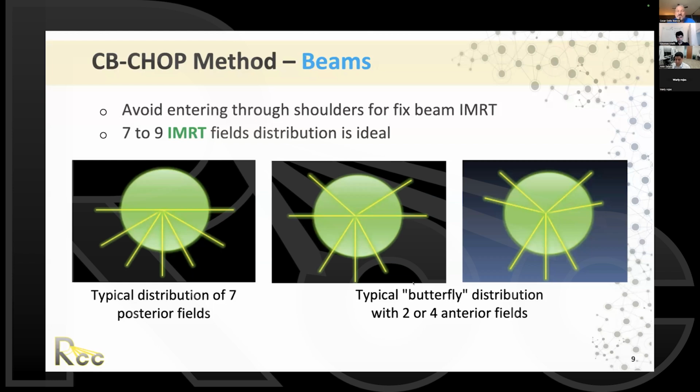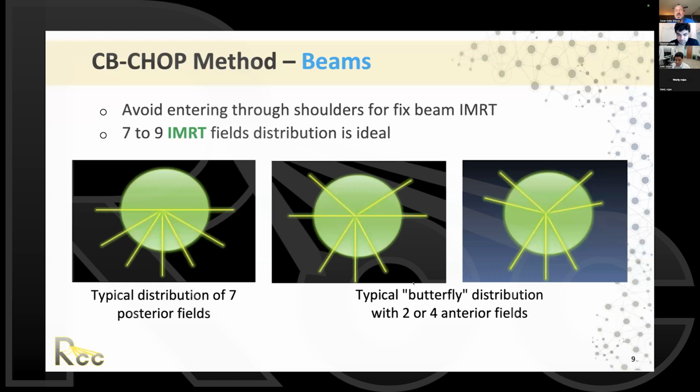But it's always good to develop a starting point for beams. That always helps. And here we have some suggestions: 7 to 9 IMRT fields is normally a good distribution if we're talking about IMRT static fields, sorry, static gantry. And one very important thing that you need to think about in head and neck treatment is that we have the shoulders in between.